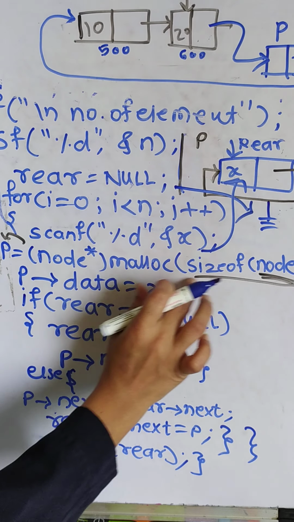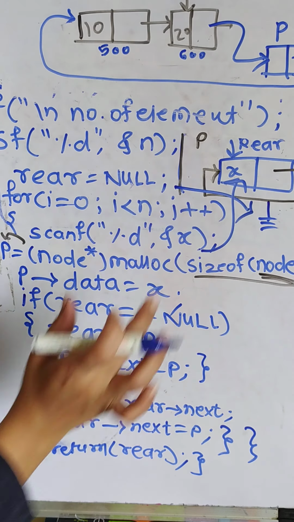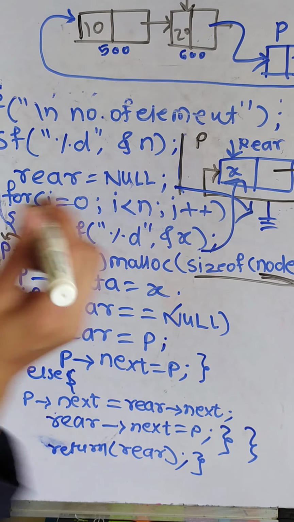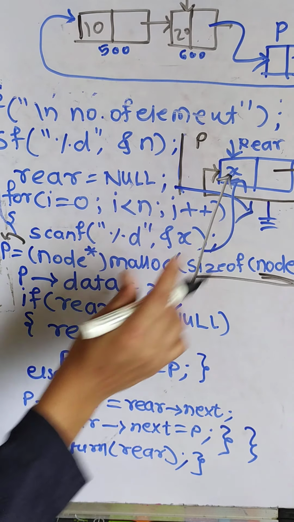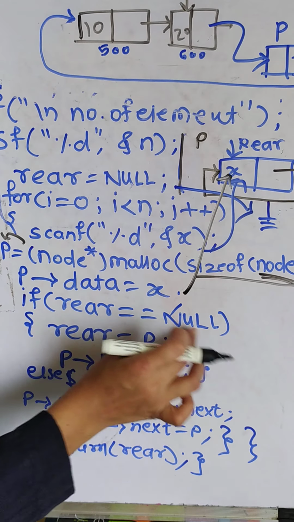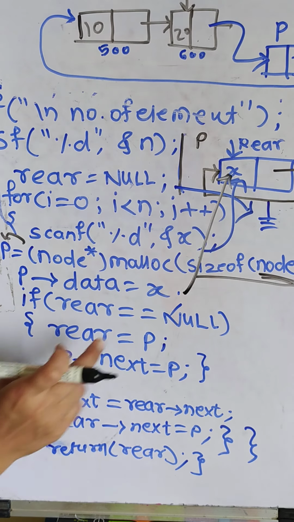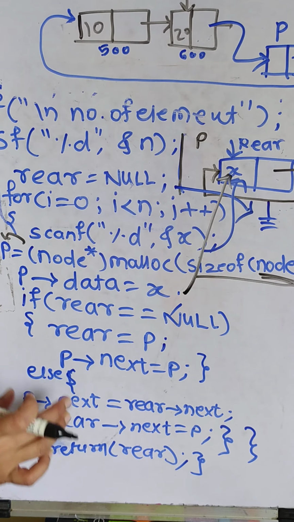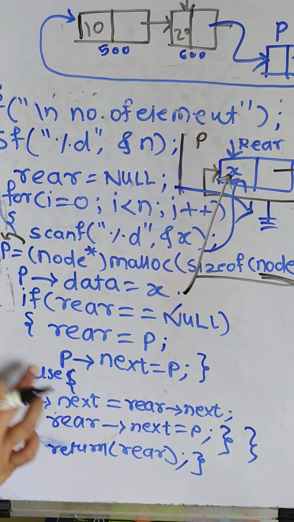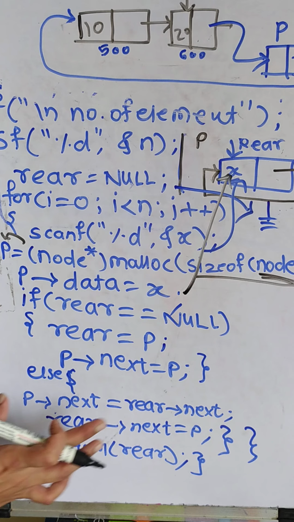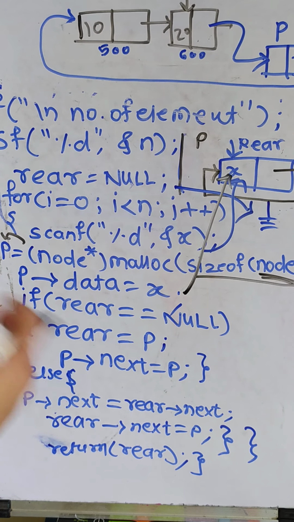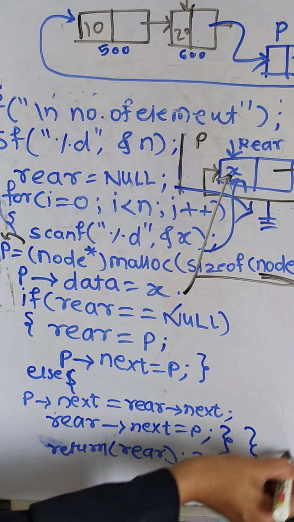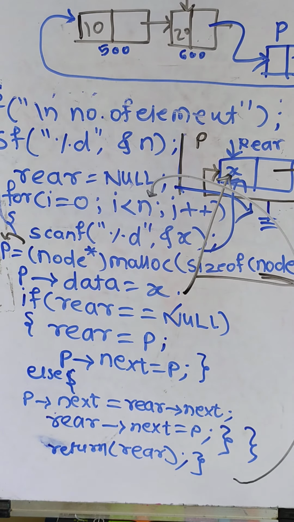Then p node, malloc of size of node, allocate the memory for this node. p's data equals x. Then if rear equals NULL, if the rear is initially null, then rear equals p, assign your p to the rear node, and p's next equals p. Else do this. If you want to add a node at the second, third or nth location, then use this, and use this code again for the next node.